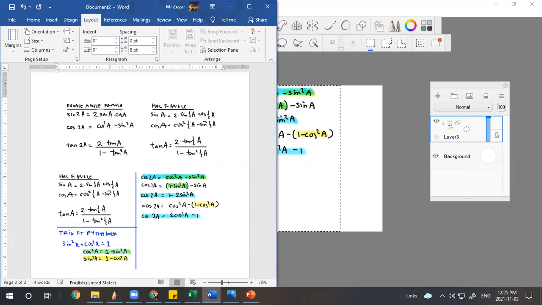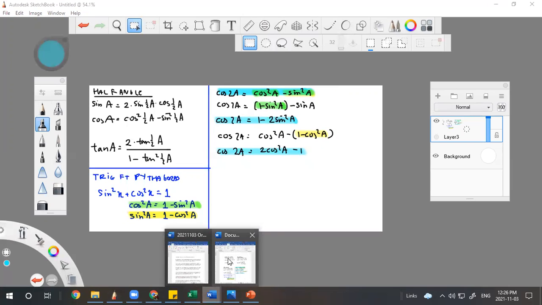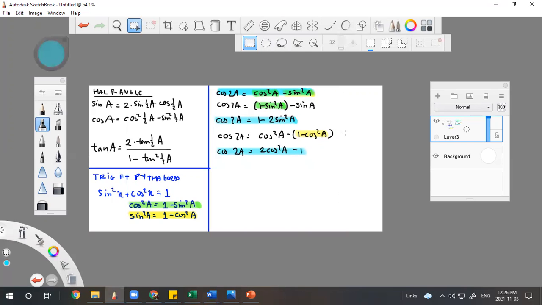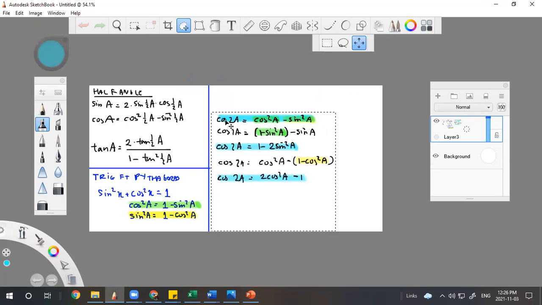So we learn again about what we mean by half angle, double angle, right? Wait, I think I did something wrong. I made a mistake here. I have to put this as a double angle formula. So all the nodes are connected.